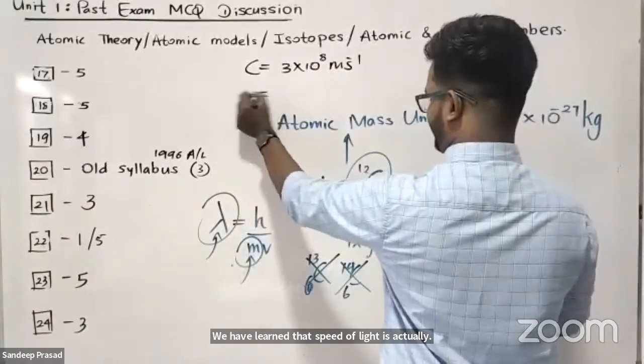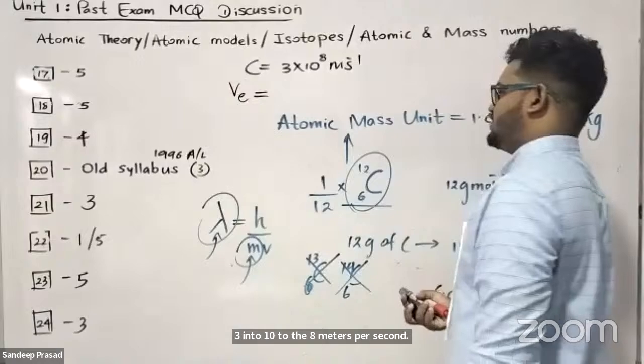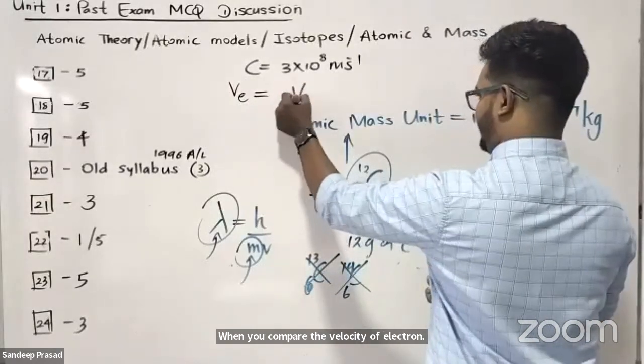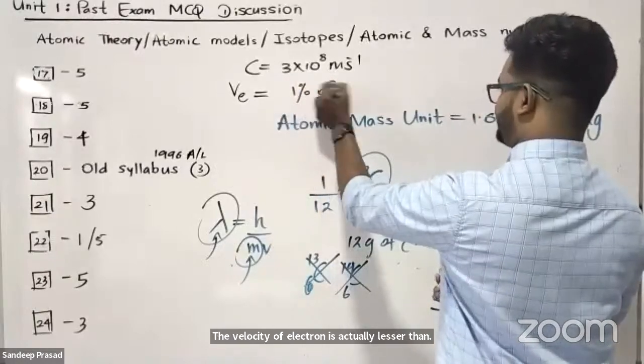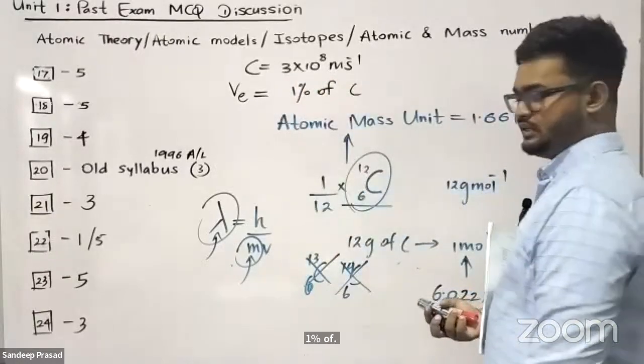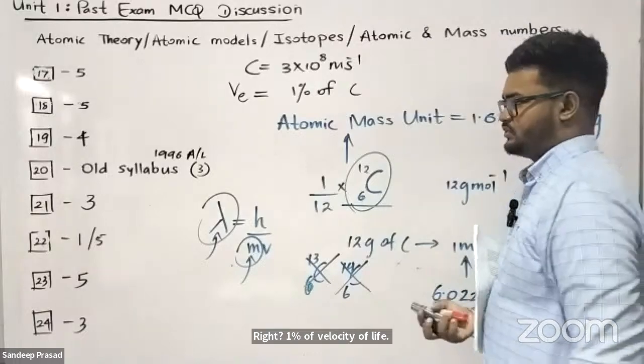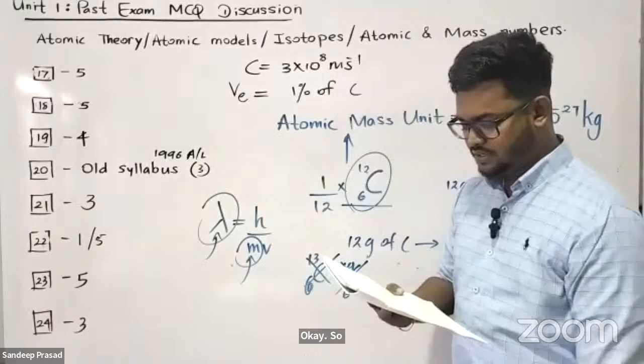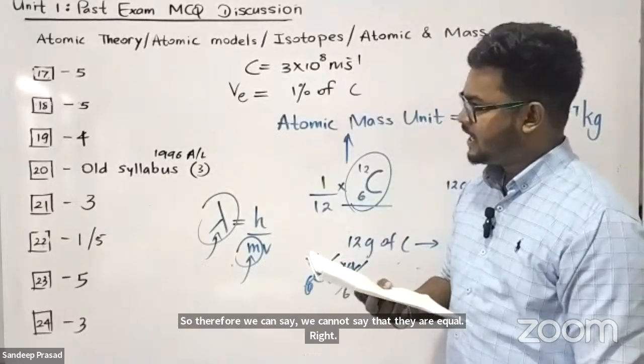The velocity of electron is actually less than 1% of the velocity of light. So we cannot say that they are equal. That is wrong.